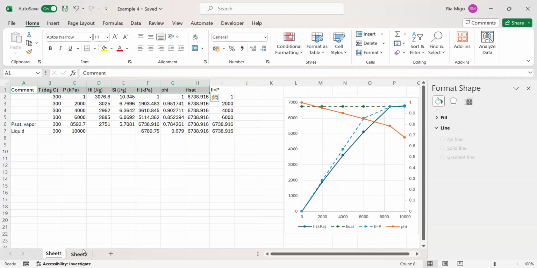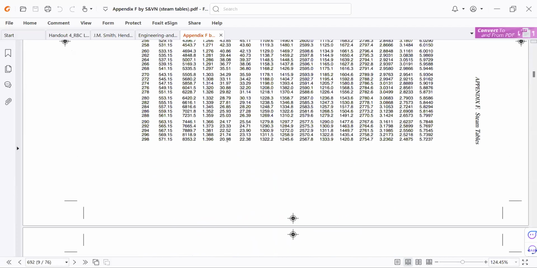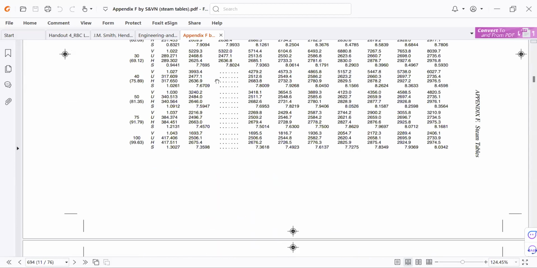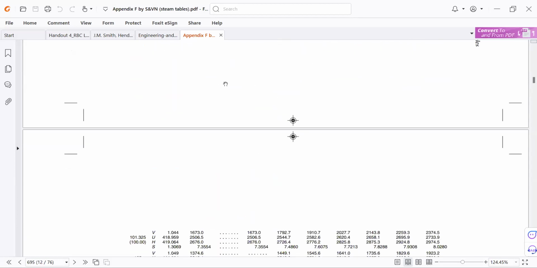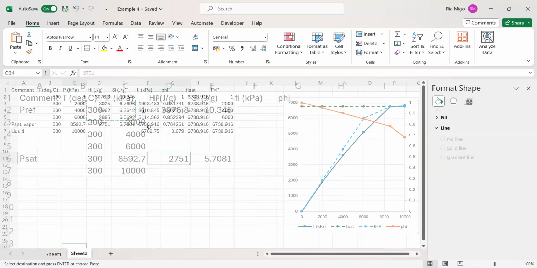And then for the rest, just read them from the superheated tables. I would leave it to you to make those enthalpy and entropy readings for the rest of the pressures, but for the interest of time, I will just copy paste what I have read earlier.